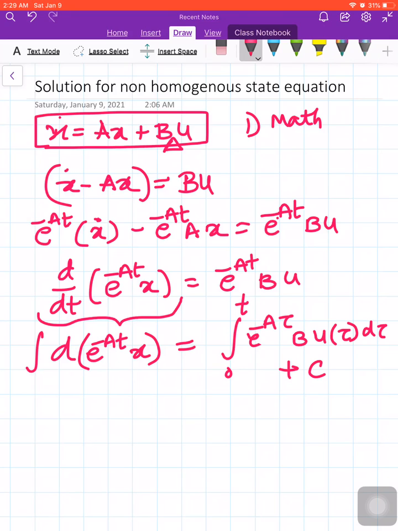So from the fundamental theorem of calculus we can cancel out these two. Then in order to find the value of c, we should see what the initial conditions are.